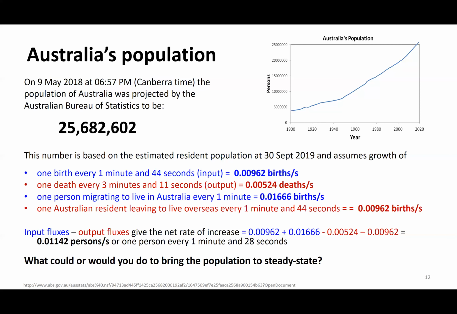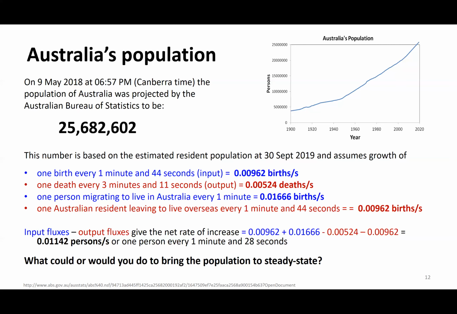Alternatively, we could increase the death rate. So we could go around shooting people, for example, or we might encourage people to move overseas. Obviously, both ridiculous suggestions, but they're the sort of things that people come up with.